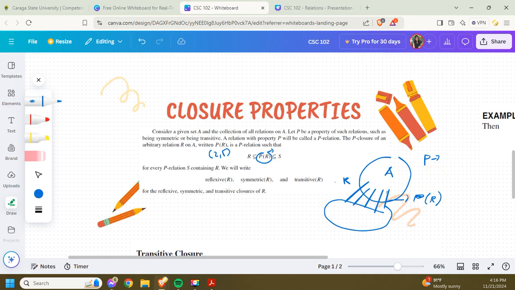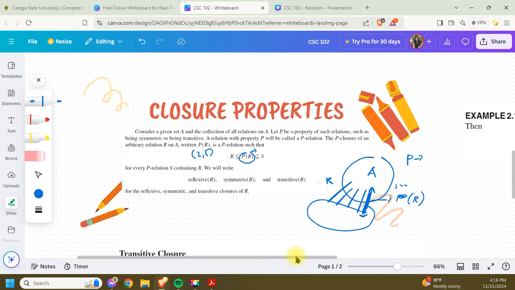So for example, this line here, this relation from another set to that set, has a property. It could be symmetric, transitive, or reflexive. So this relation here is its property, and you can name it P of R. Okay? Technically it is like its closure.